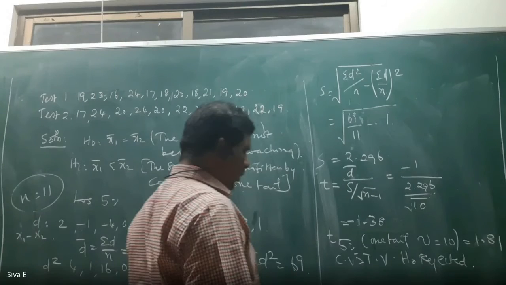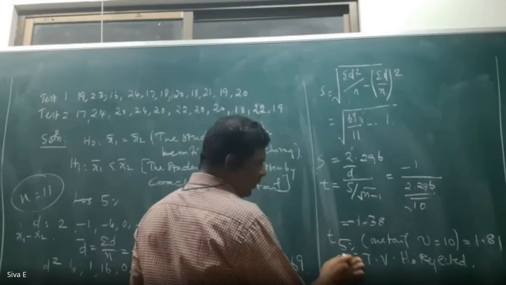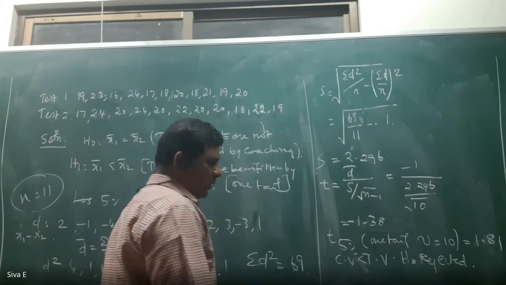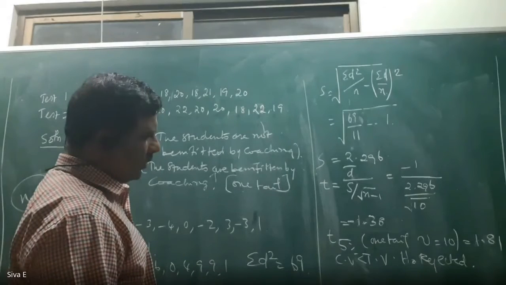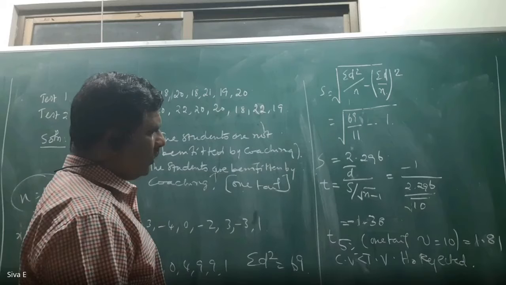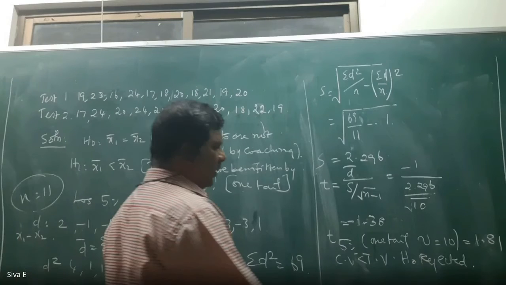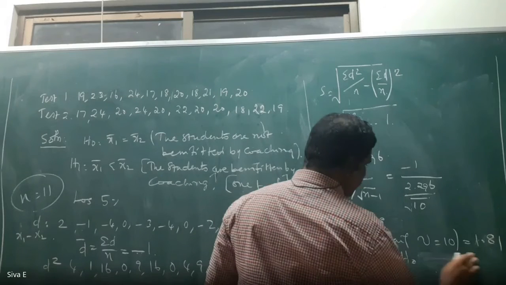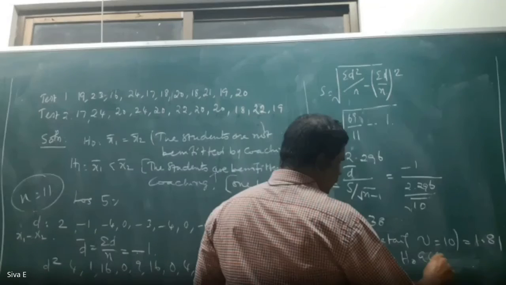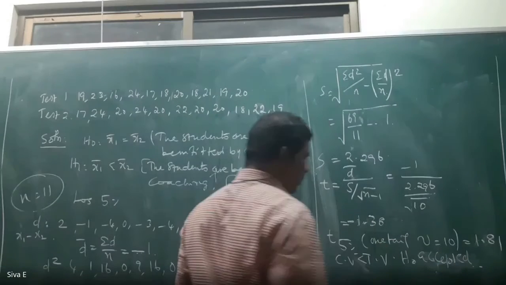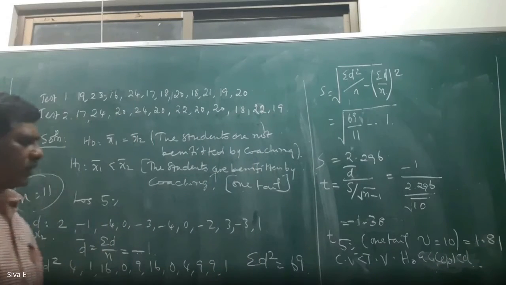So calculated value is less than table value. Yes, sir. Sorry. 1.38 is less than 1.81, sir. So H naught accepted. Please see the table value properly. Otherwise, you will get the wrong answer.